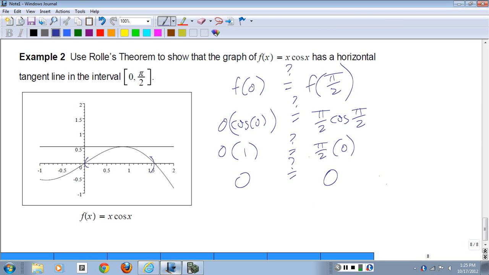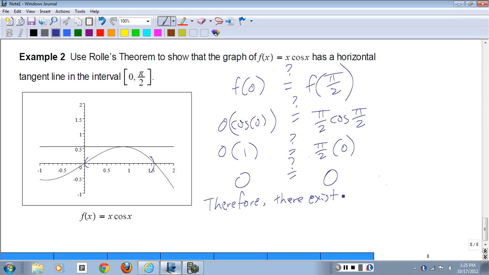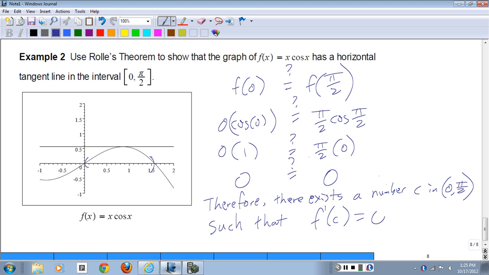according to Rolle's theorem, we can say, therefore, Rolle's theorem is an existence theorem. It doesn't tell us how to find the value of C. It just tells us there exists a number C in the interior of that interval, 0 to pi over 2, such that f prime of C equals 0.